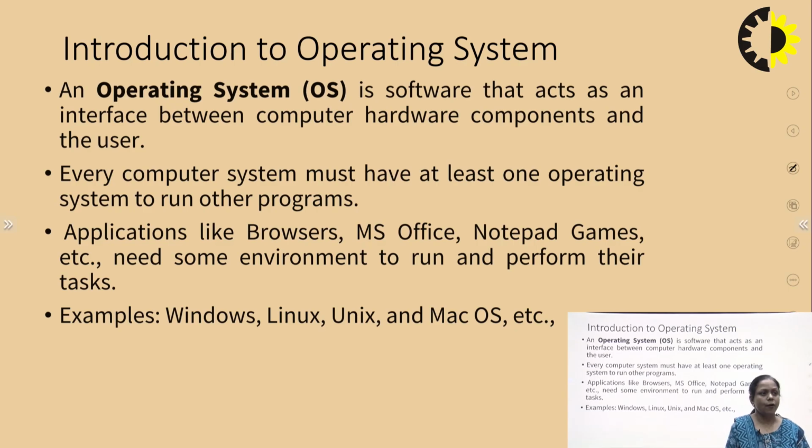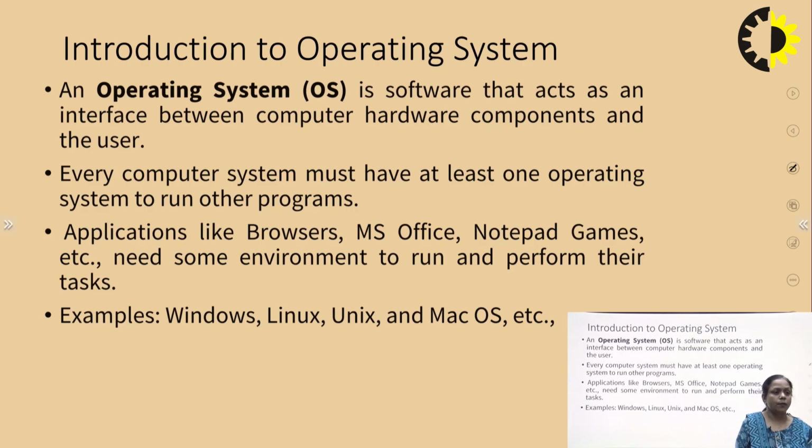With the help of the operating system, the user can interact with the computer hardware. The user cannot directly interact with the hardware. It needs a software layer, which is known as an operating system. It is also known as a system software, by which the user can interact with the hardware components.